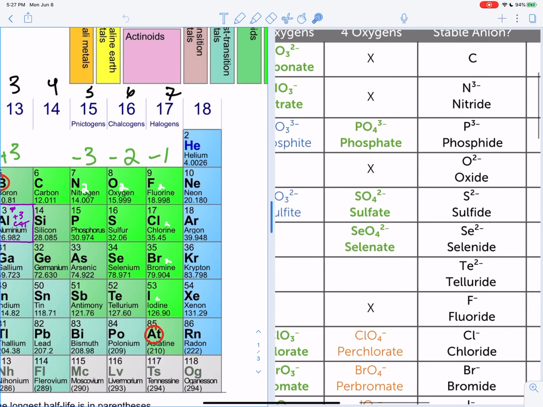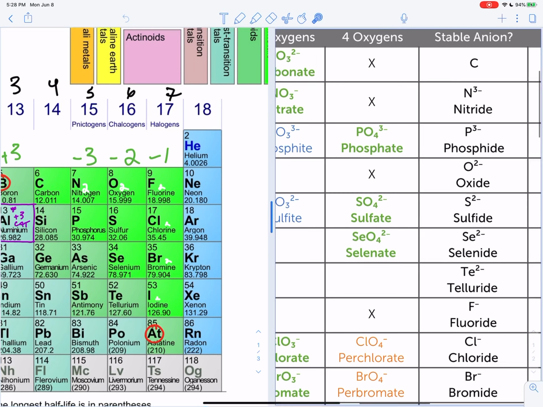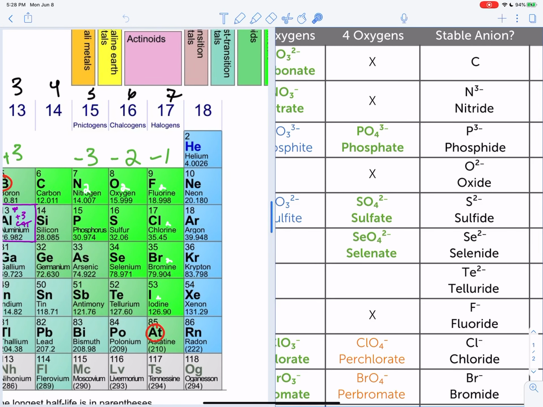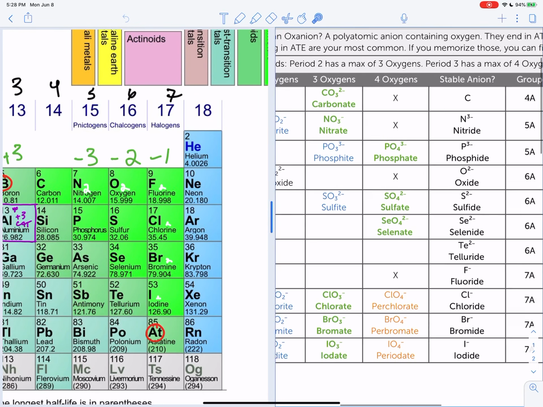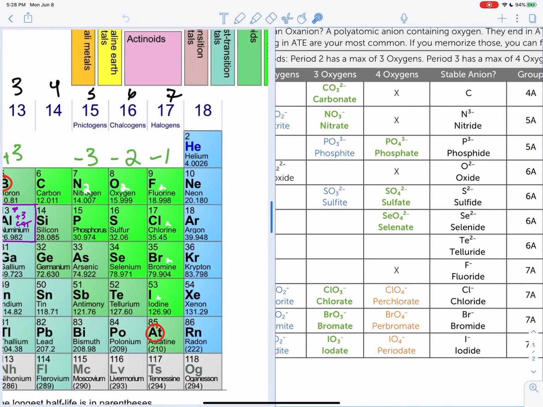So look at this. Sulfate, 4 oxygens. Selenate, 4 oxygens. That's the confusing part, because all your ates are not in the same column, right? Some of the ates like to have 4 oxygens. That's how I remember sulfur and selenium. It's the exact same. If you can remember these 3, you're going to remember these 2, okay?